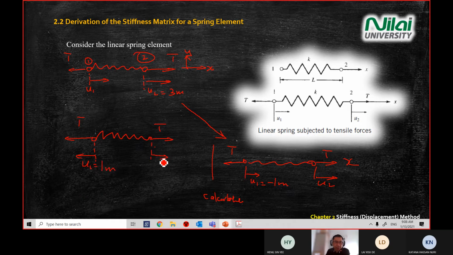And this one moves to here, U2 equal to 3 meter, for example. This is in real life, or the correct version. You understand now? The difference between this one and this one. Katana, do you understand? The difference between the one on the left and right? Yes. Okay.